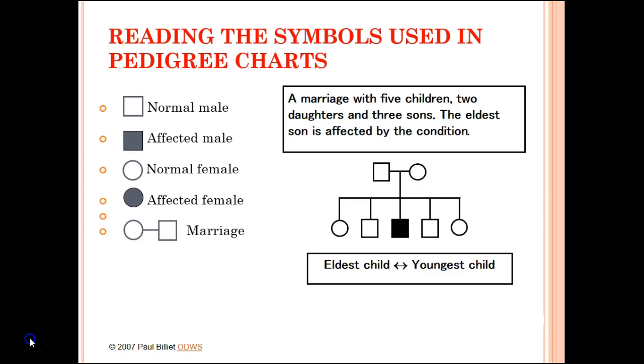If it's not shaded in, that means that they do not have the condition, or as this chart calls it, that they're normal. So in this chart, we see it's a marriage, and the male and female are both not affected, and there are 5 children, 2 daughters and 3 sons, and 1 son is affected by the condition.